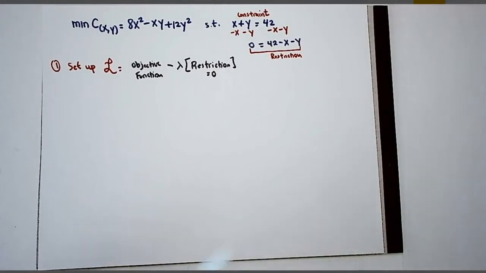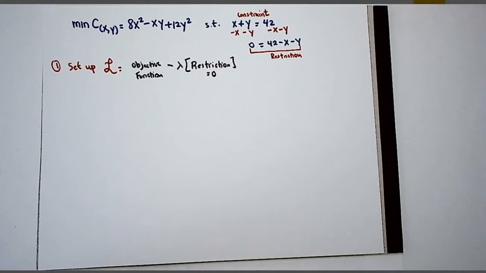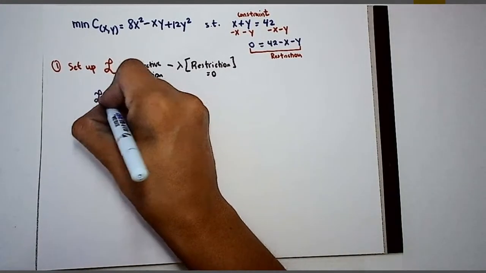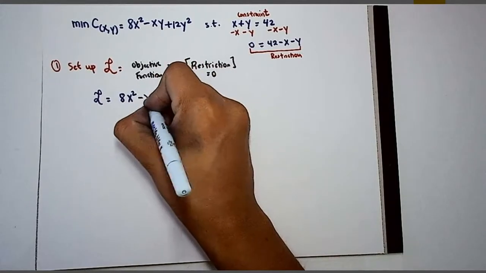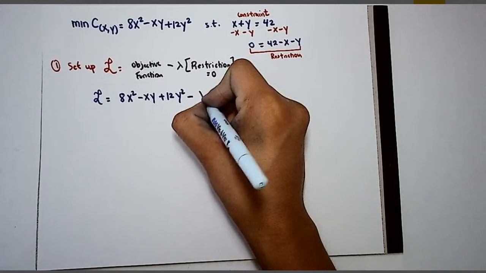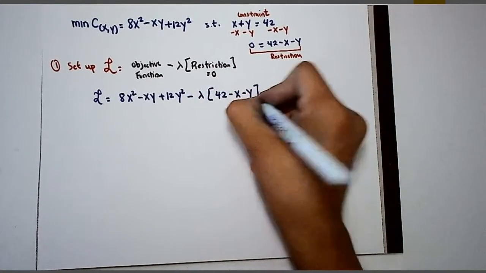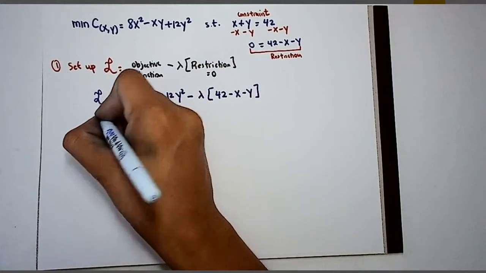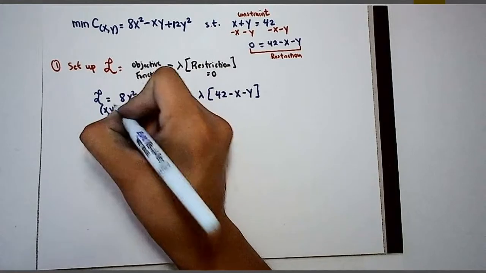In that way, we are subtracting nothing to the objective function. Our Lagrange is then 8x squared minus xy plus 12y squared minus lambda times 42 minus x minus y. This means that the Lagrange function has as variables x, y, and lambda.